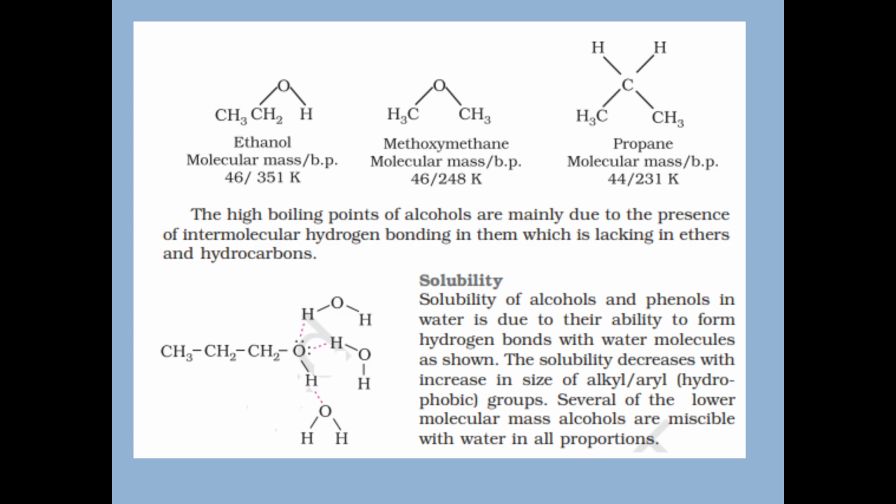Their molecular weights are more or less comparable. Ethanol has a higher boiling point than ether. Then ether has a higher boiling point than propane. The high boiling points of alcohols are mainly due to the presence of intermolecular hydrogen bonding in them.